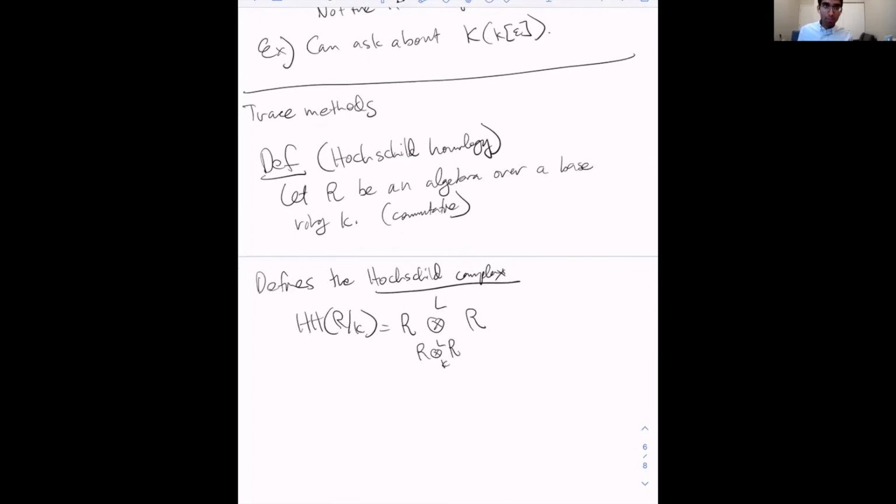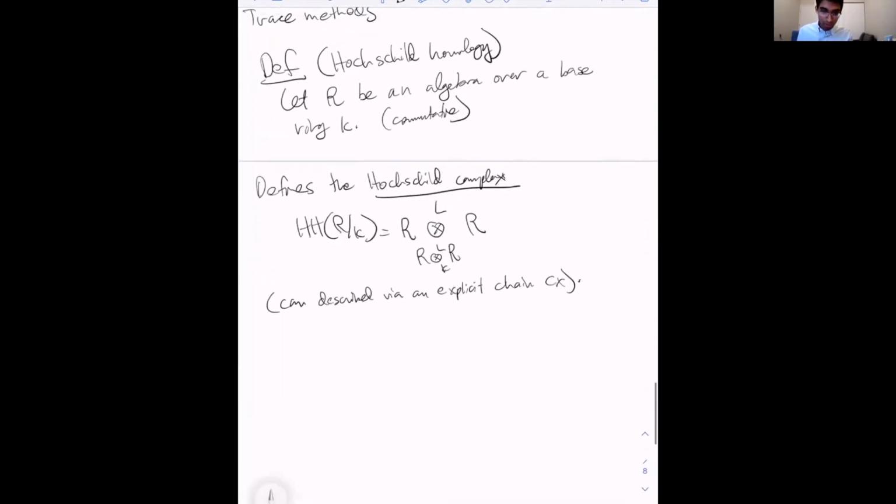This is one possible definition, and we consider it as a chain complex of K vector spaces. Another way of describing it without using derived tensor products is via an explicit chain complex, or an explicit simplicial abelian group, in terms of the various tensor powers of R over K.